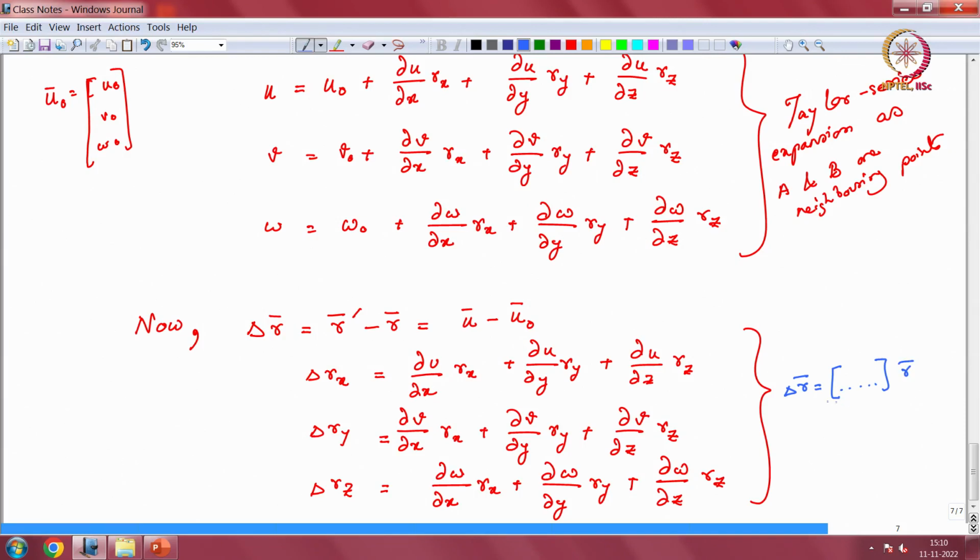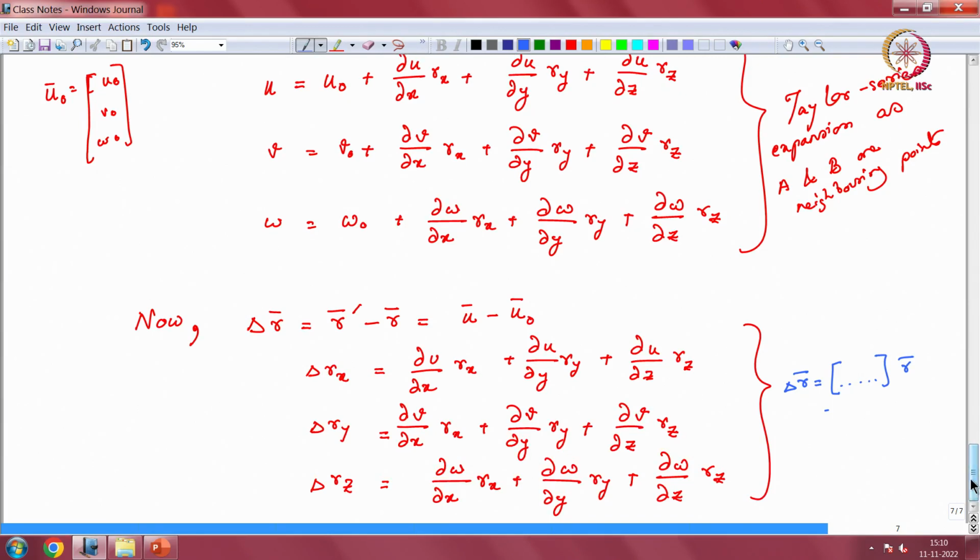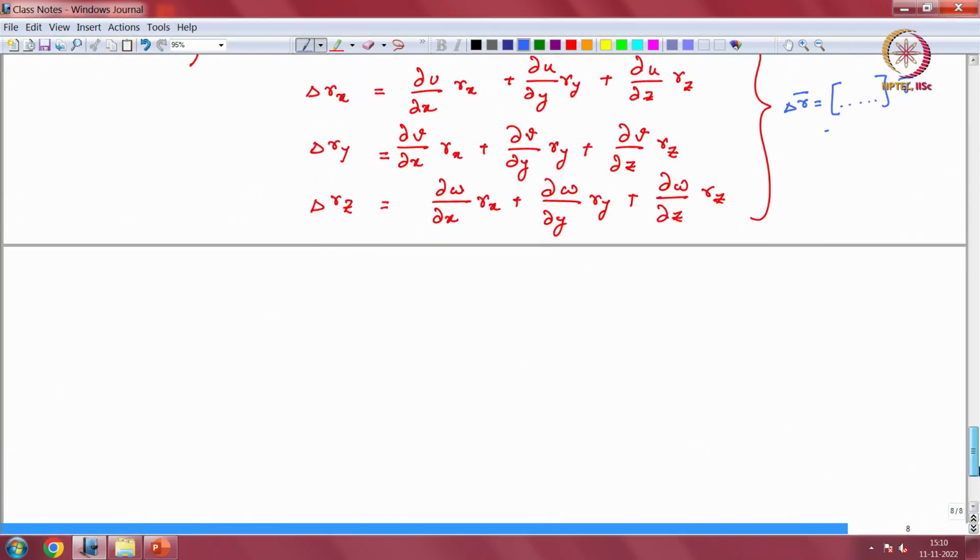So, some matrix which is basically these terms that we have just written, the derivative terms, and this transformation allows me to connect the old radius vector to the radius vector in the reference configuration, right. I can write this down in a little bit more. I am going to use indical notation here to simplify things.